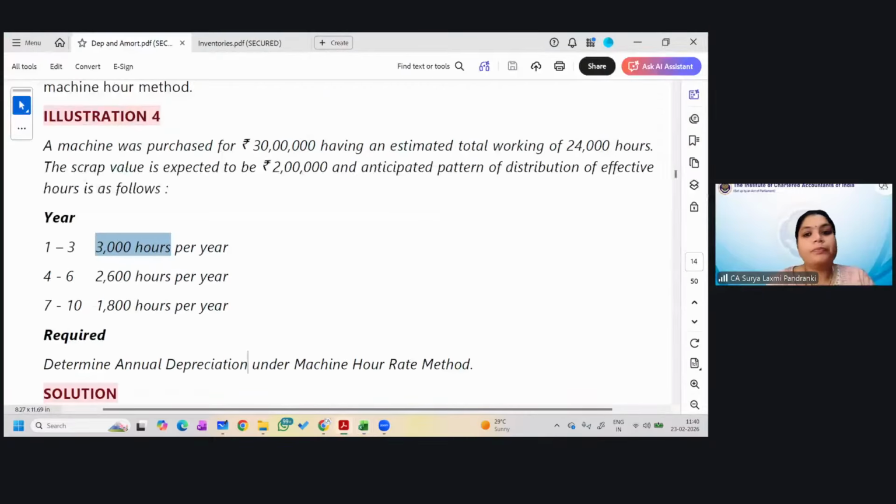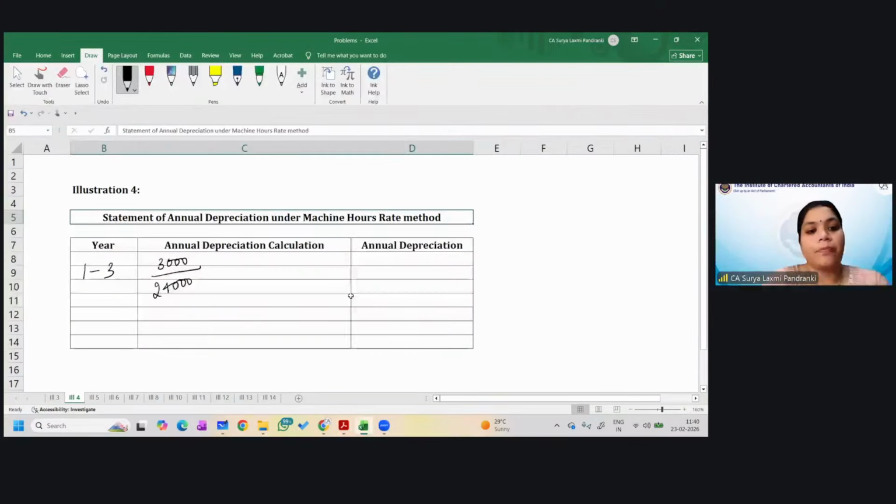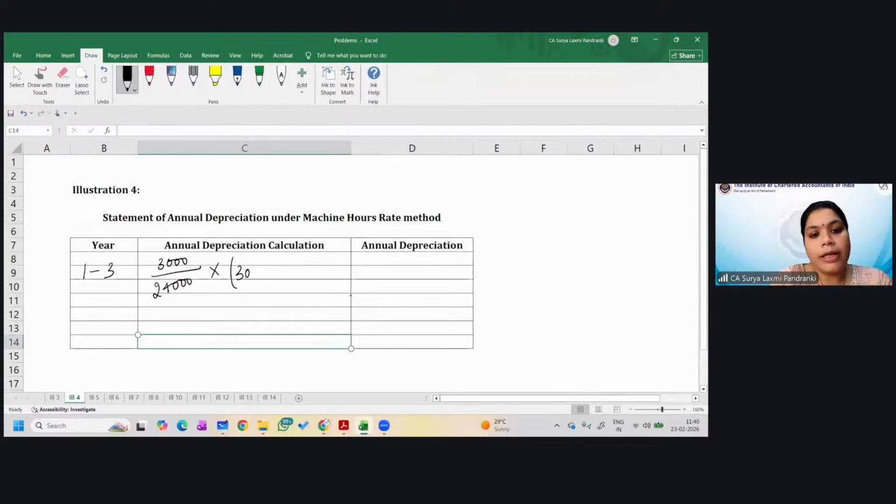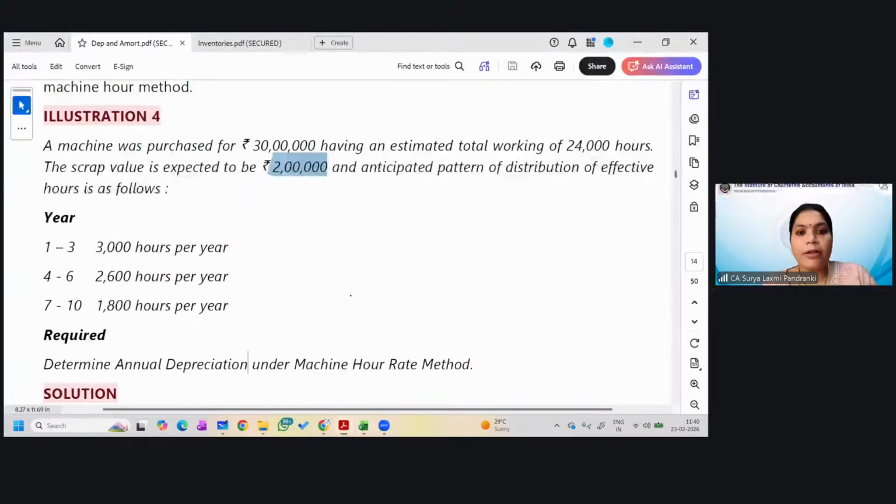Correct? Now, we also have to take the cost of the asset. 30 lakhs is the cost of the asset, but we also have the scrap value given, which means what will be the value for calculating this? Into 30 lakhs minus what is the scrap value?